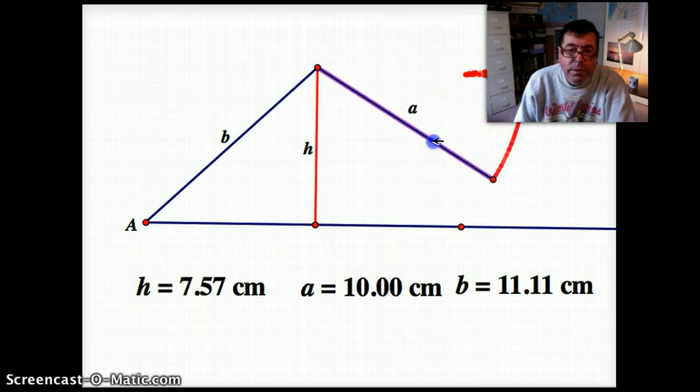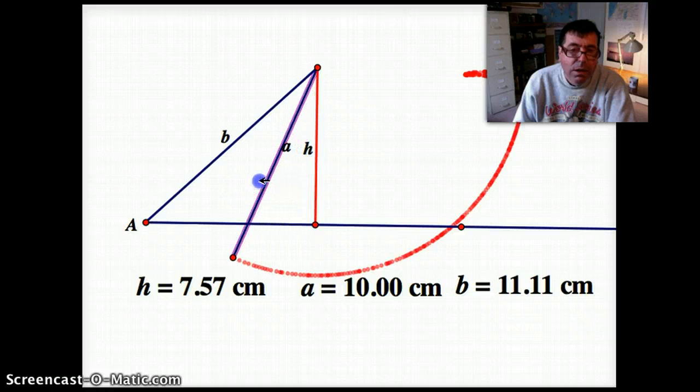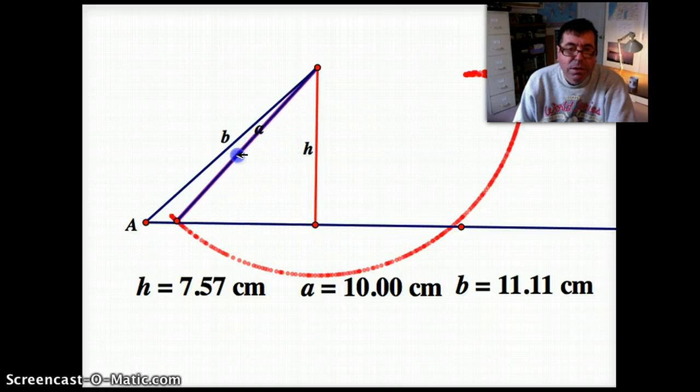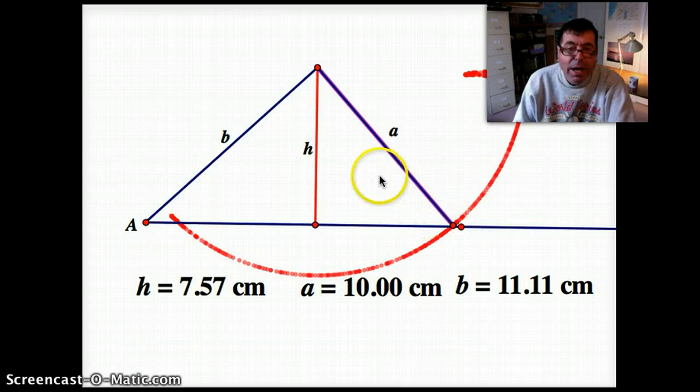Notice I'm crossing my bottom line here, and I'm crossing my bottom line here. What that means is, when a is crossing the bottom line here, I have this triangle.